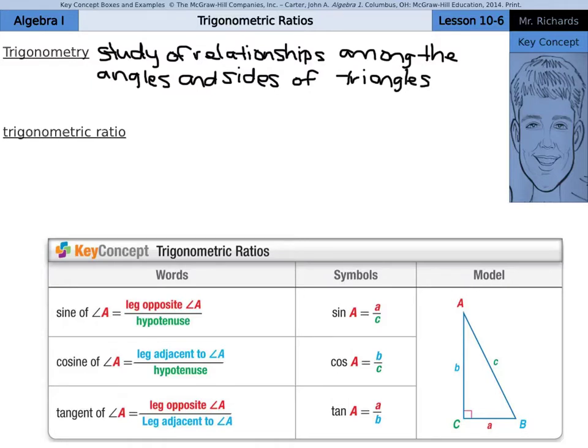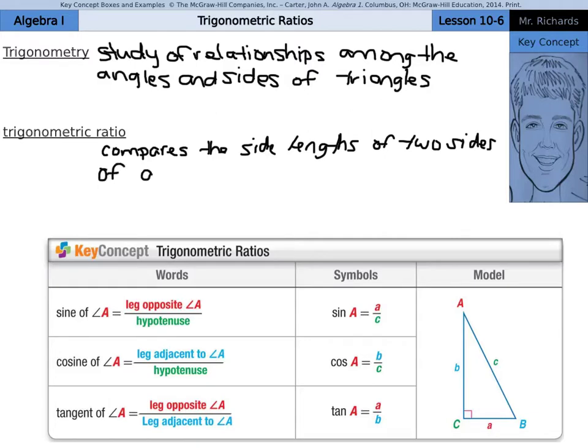And when we deal with trigonometric ratios, this compares the side lengths of two sides of a right triangle. And in our key concept box of trigonometric ratios, we see our words sine of angle A, cosine of angle A, and tangent of angle A.